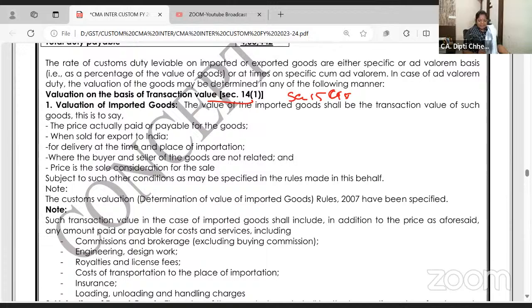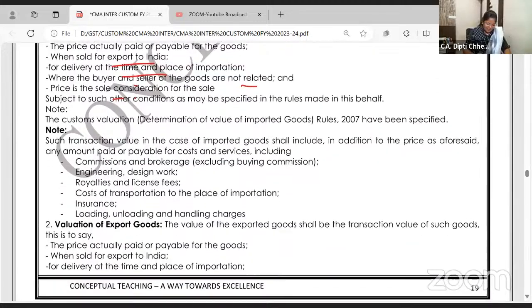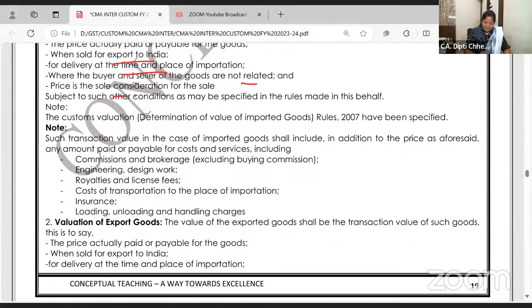Transaction value will be taken when the price is actually paid, when goods are sold for export to India, delivery at the time and place given, buyer and seller are not related, and price is the sole consideration. There is no emotion like, okay, I'm selling it to my sister only, market price is 100, we will take it at 60. It is not like that. Such transactions will be taken.